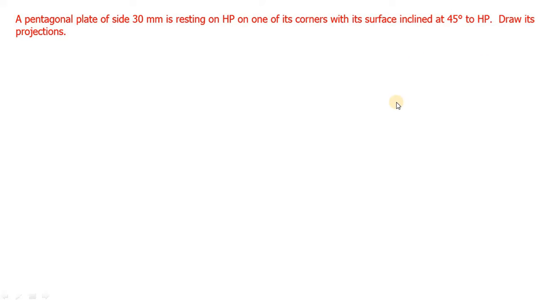So just listen carefully. First step, draw the XY reference line as usual. Then we have to draw the simple projection, that is the pentagonal plate. If it is resting on HP on one of its corners, definitely the true shape of the pentagonal plate, that is the pentagon, will get visible on top view.